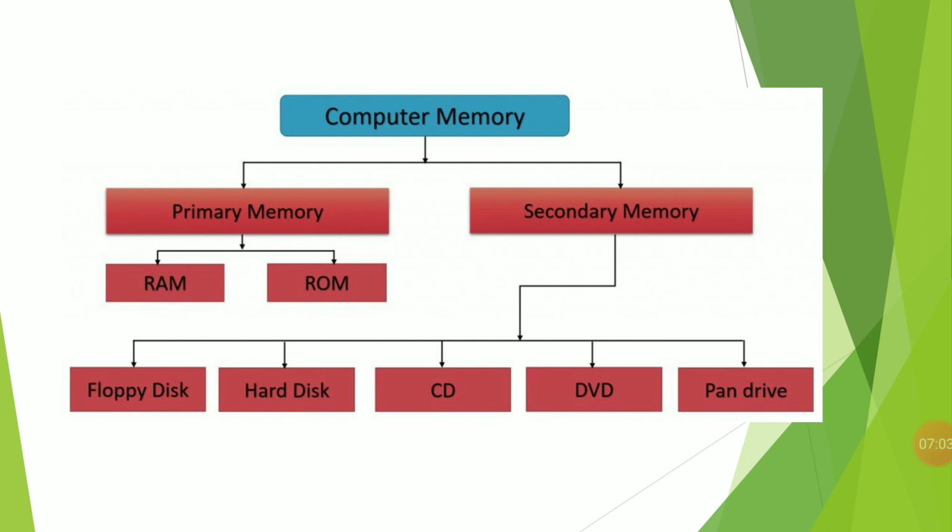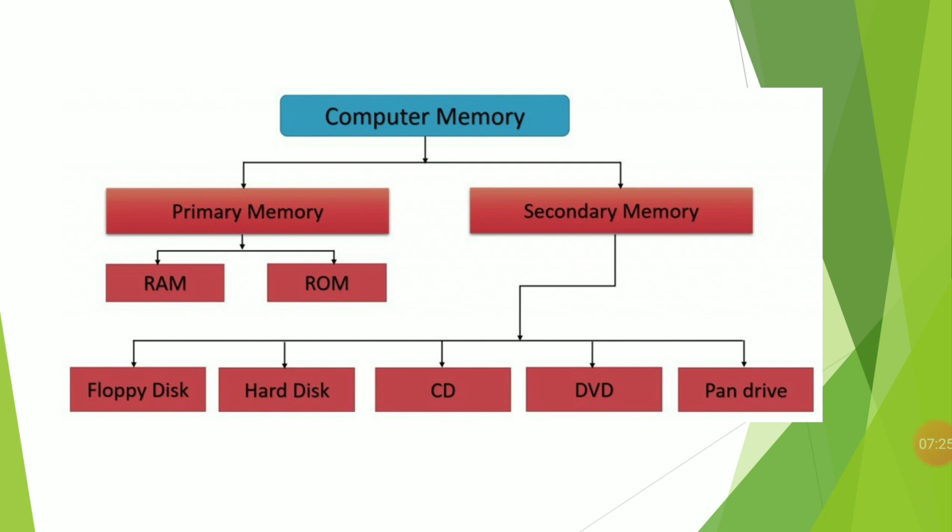Next one is EEPROM, which stands for electrically erasable programmable read-only memory. Next is flash memory, and the last one is masked ROM. So these are all the types of ROM.